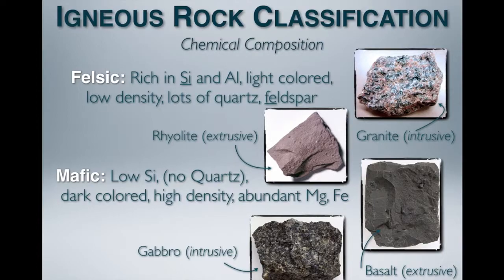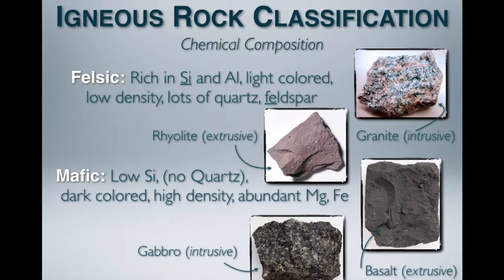So we have our different chemical compositions for our igneous rocks. So this can be broken up into felsic and mafic. We also have an intermediate, which would be a mix between the two. And then we also have ultramafic, which means no quartz and almost no silicon.